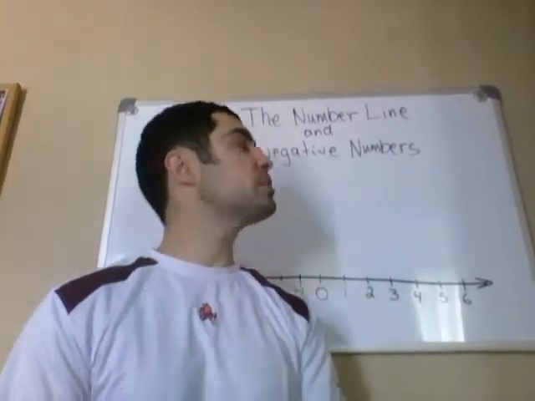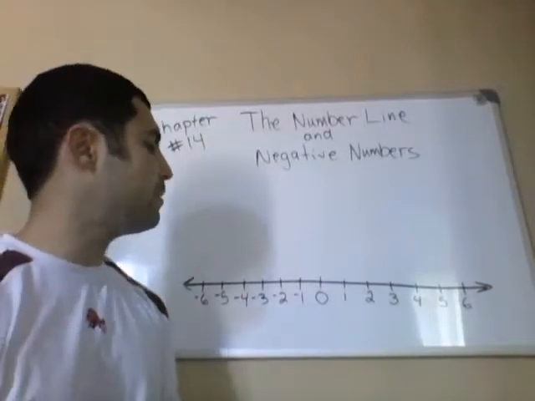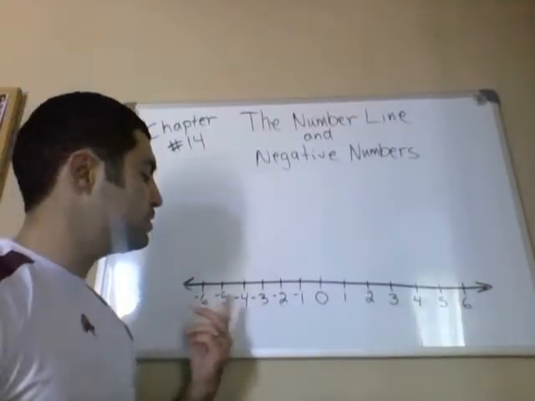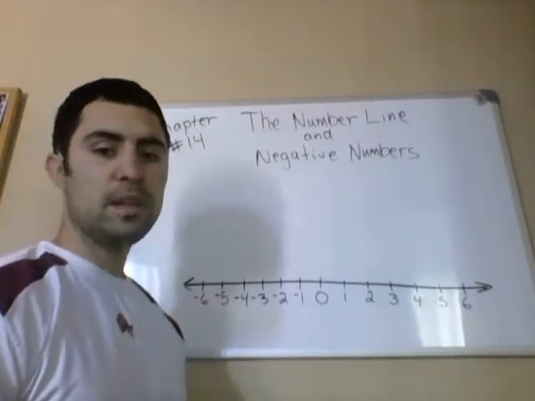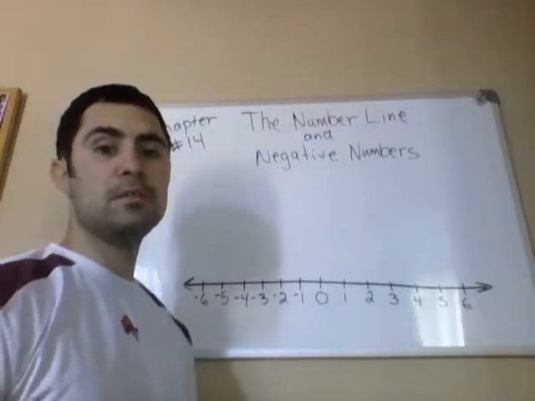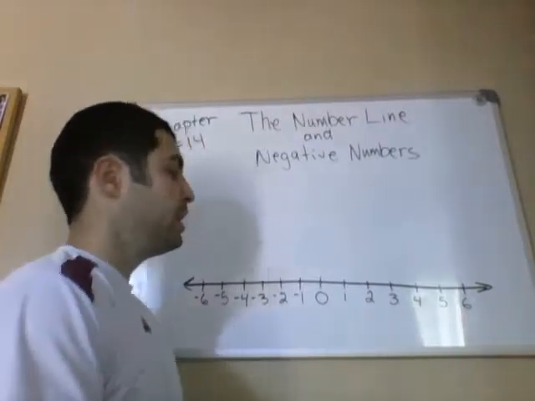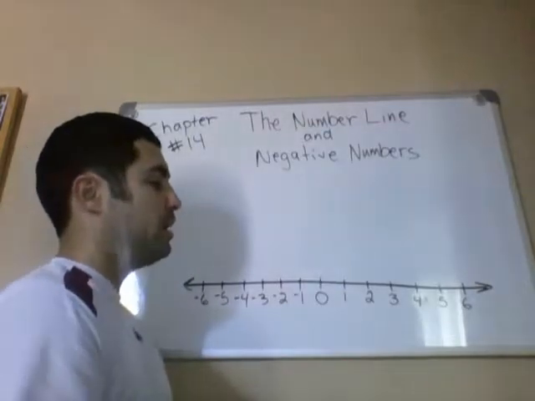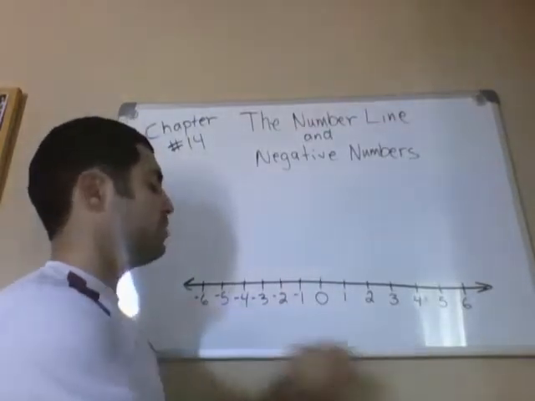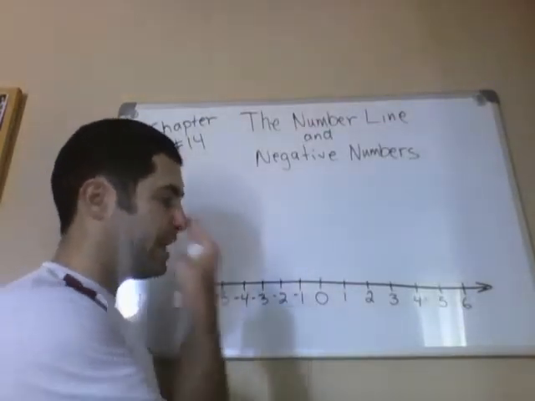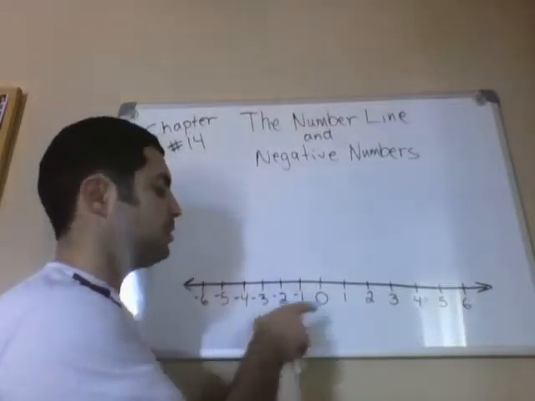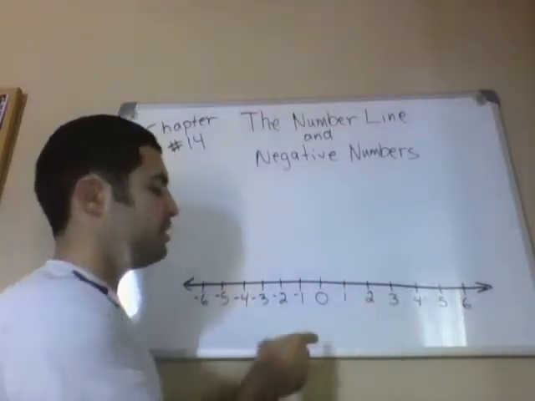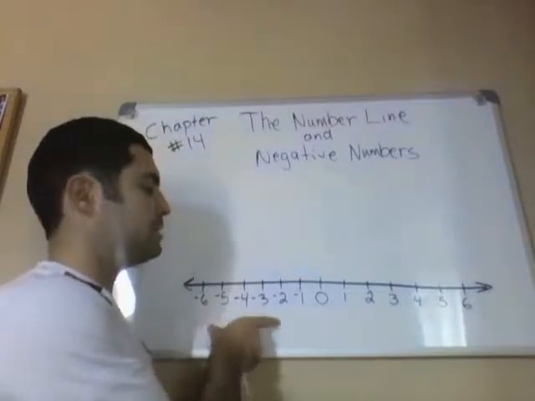Alright, so let's talk about positive and negative numbers. A lot of times we use a number line when we start thinking about negative numbers and positive numbers. All these numbers together are known as integers. Integers include the positive numbers and their opposites.